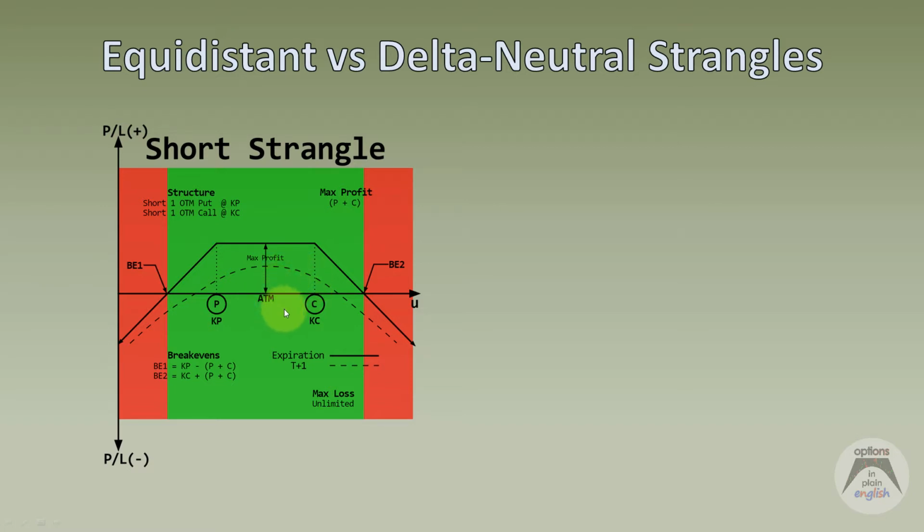You would take advantage of time decay because that's going to work in your favor, and you're going to be hurt by a big move in either direction. So this is basically what a short strangle is. The long strangle would be the opposite. Most of the principles that we're going to talk about here apply in a similar way, but in reverse.